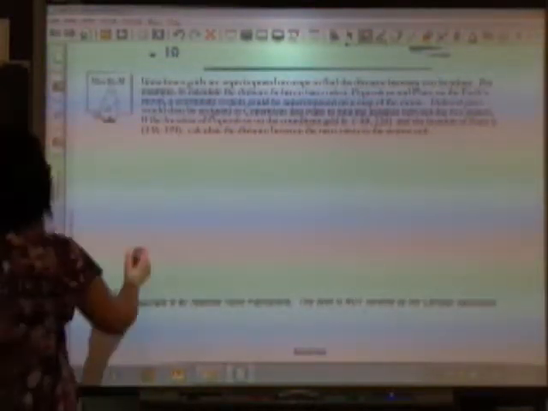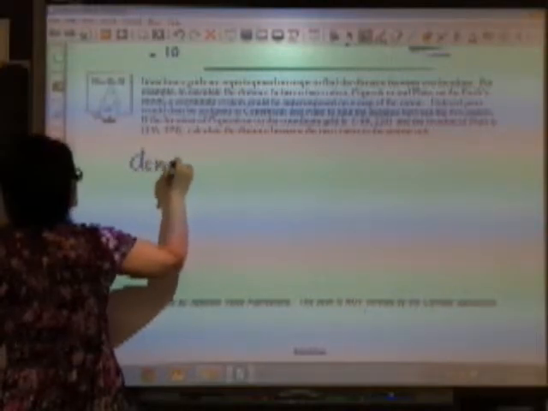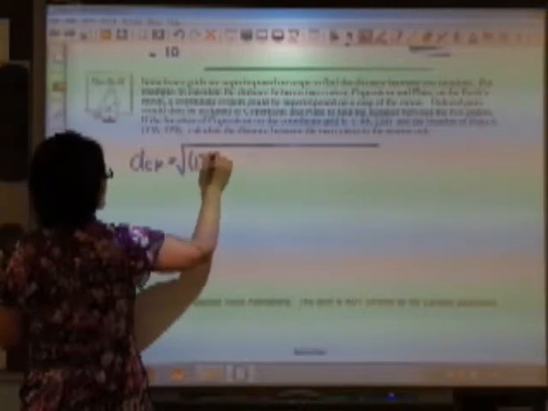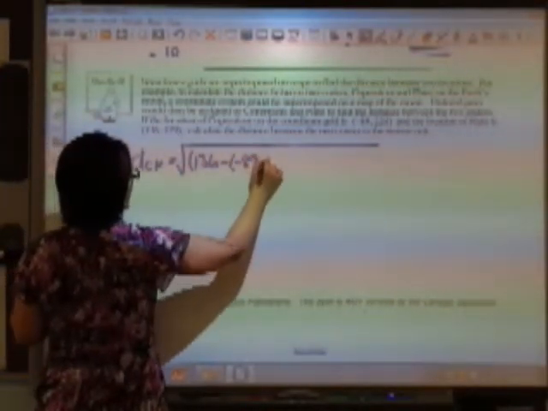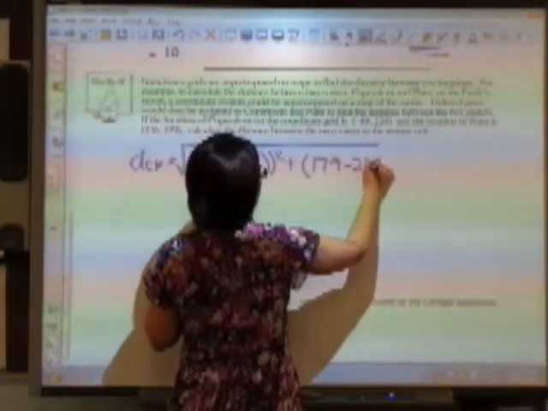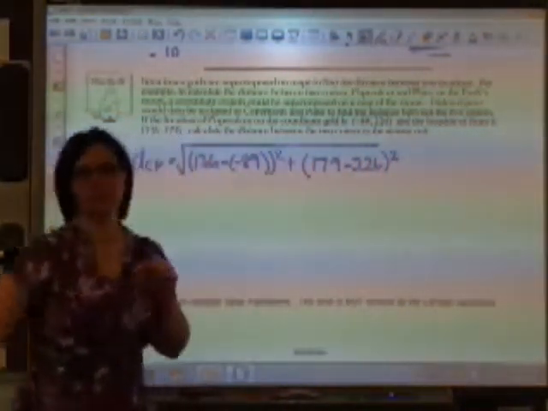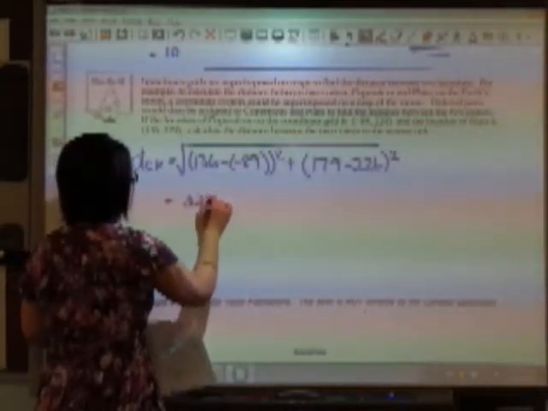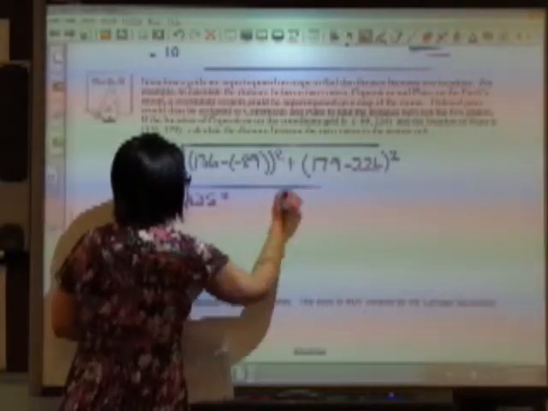So I'm going to get you to do that for me first. So if we find the distance between Copernicus and Plato, I would have 136 minus -89 squared plus 179 minus 226 squared. So when I find the difference between 136 minus -89, I get 225, which I can then square.